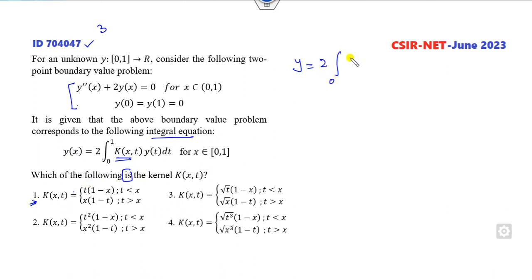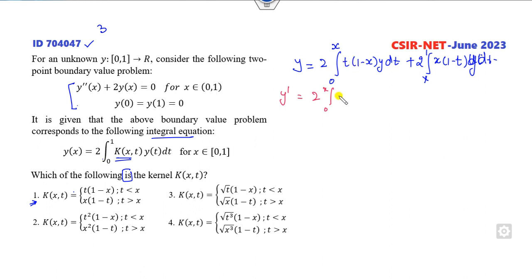Now I can break this integral from 0 to x of t times (1 minus x) of y plus 2 times, since it is common, x to 1 of x times (1 minus t) of y of t dt. Now you can find the first derivative. What is the first derivative?